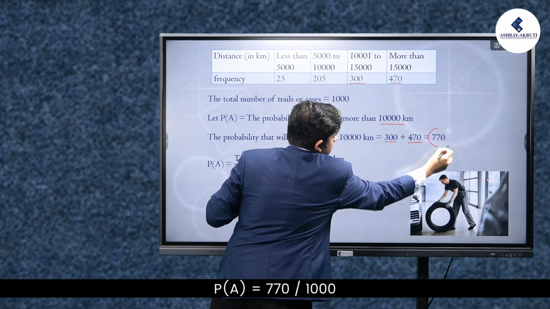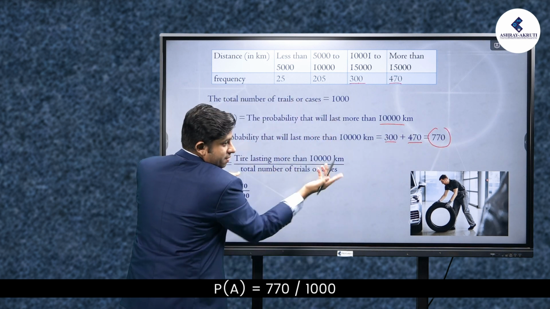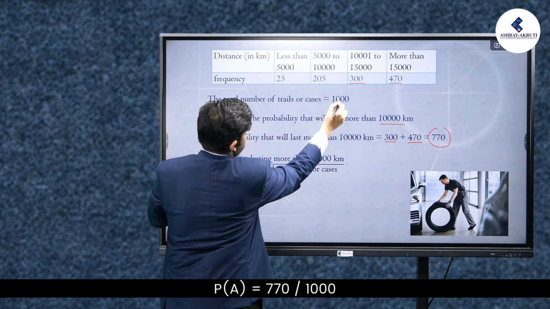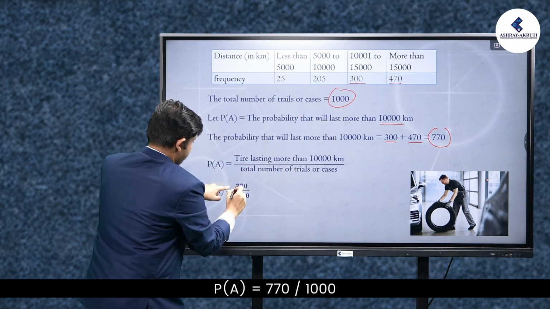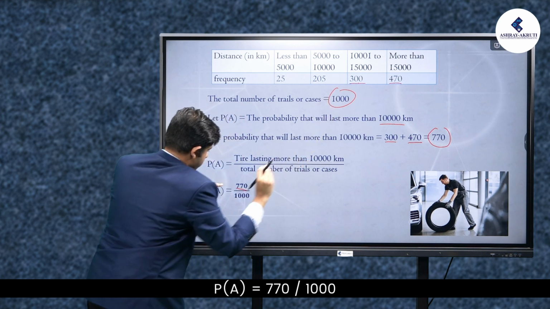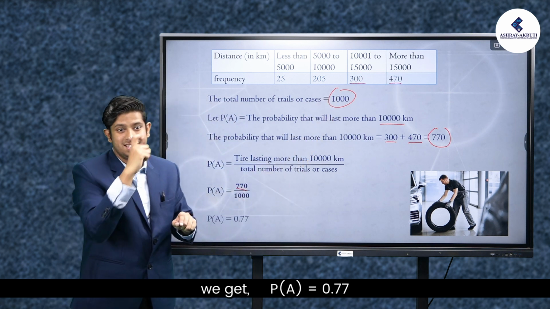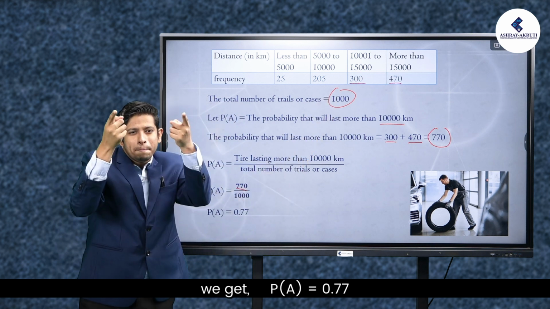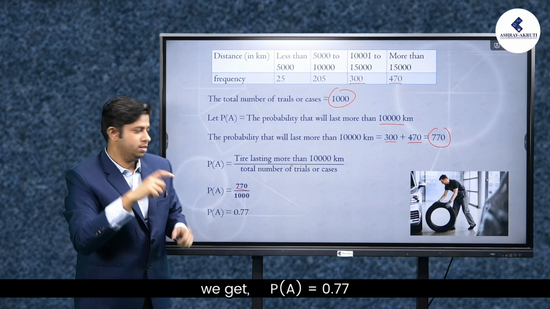P(A) is equal to 770 by 1000. By simplifying, we get P(A) is equal to 0.77.